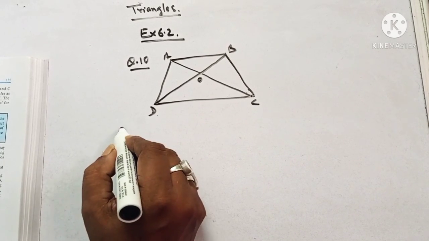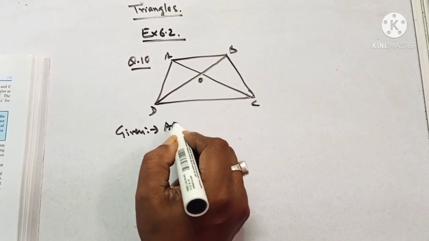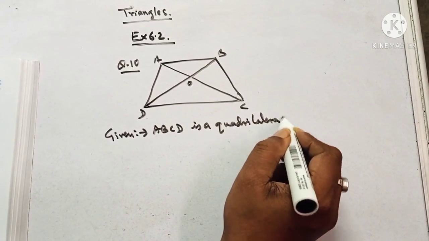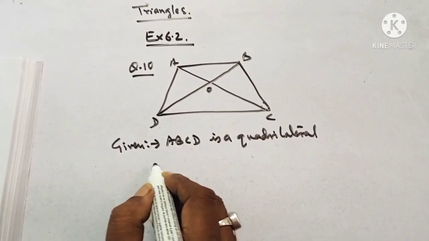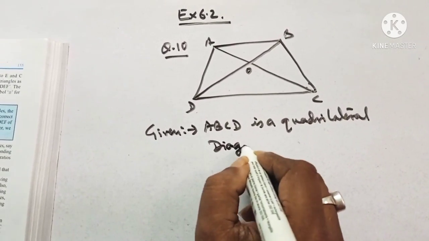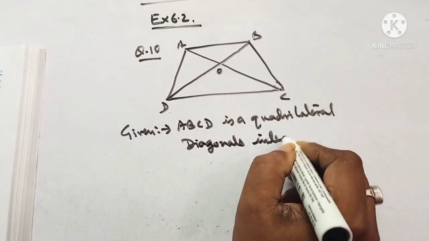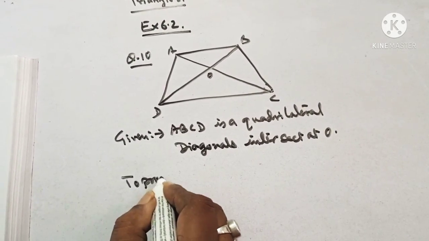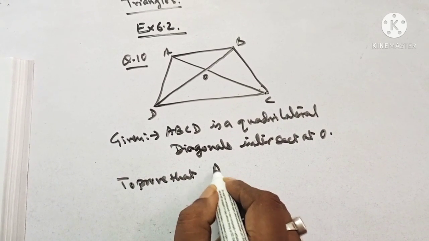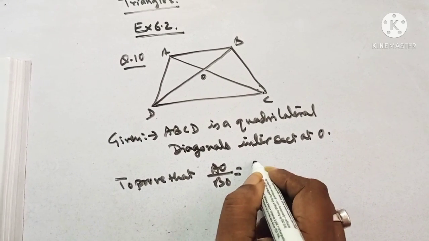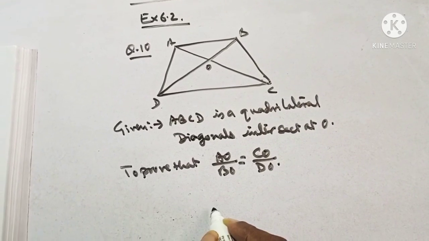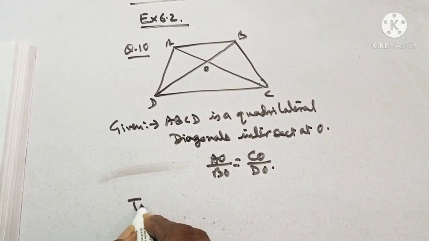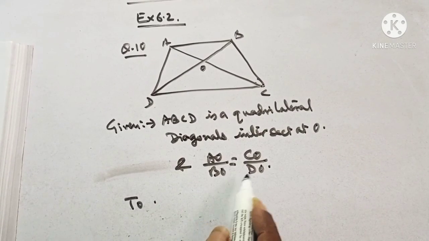It is given that ABCD is a quadrilateral and the diagonals intersect at O. We have to prove that AO by BO is equal to CO by DO, this is also given to you.